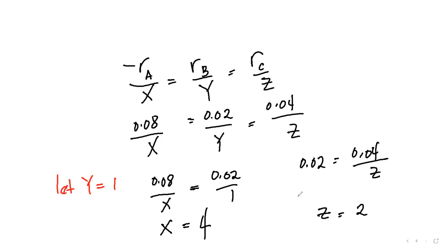Now, let's check whether we will have a plausible, acceptable initial assumption based on the stoichiometric equation that we will be getting. So I will write now 4A forming B plus 2C.